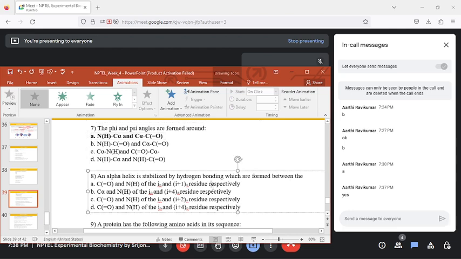The next question says an alpha helix is stabilized by hydrogen bonding which is formed between what? CO and NH of the ith and i plus 1th residue; C alpha and NH of the ith and the i plus 4th residue; CO and NH of the ith and i plus 12th residue respectively; and CO and NH of the ith and i plus 4th residue respectively.